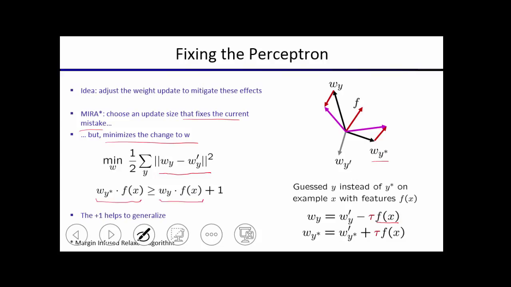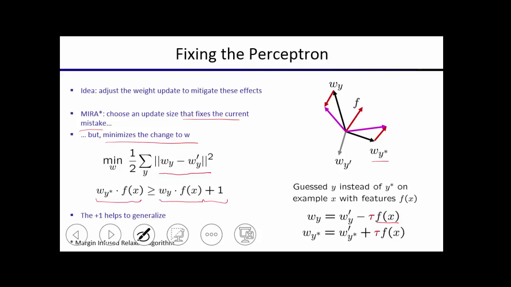And we're also adding a +1, so that it's not just greater than or equal to the incorrect activation, but greater by at least 1.